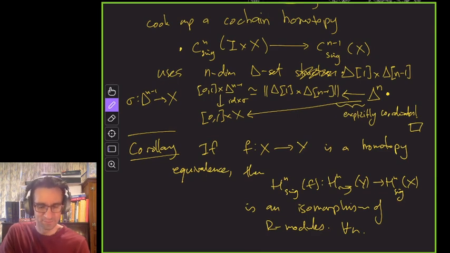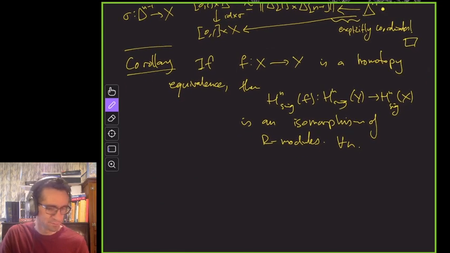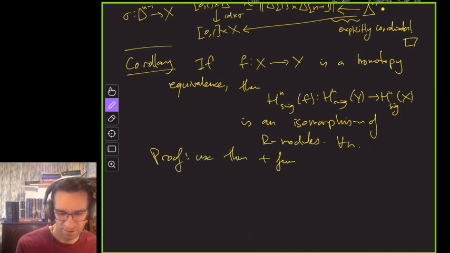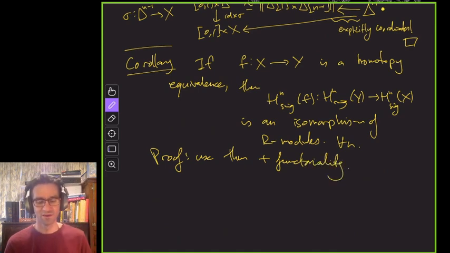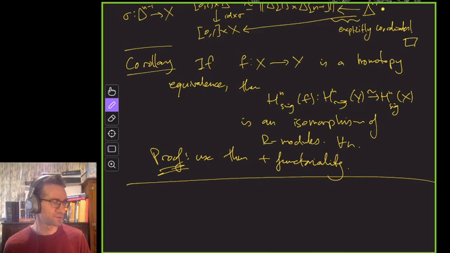Proof, use theorem plus functoriality. So you have a map G going the other way, and then the induced linear map on cohomology from G is the inverse to this map here. Okay, so that's awesome.